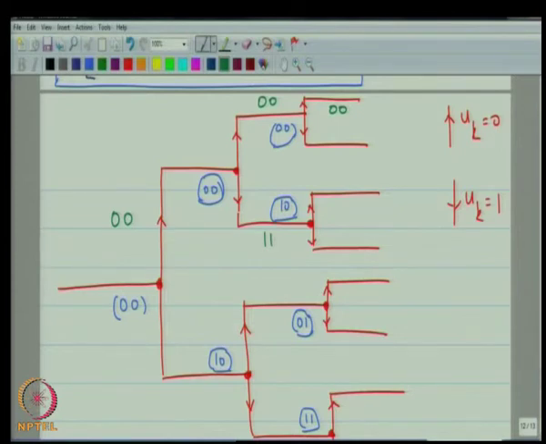So what this tells you is that convolutional codes are different from block codes in the sense that they can be represented as paths in a tree, and the reason why you introduce the tree is because after all it's a semi-infinite sequence. There is no notion of a block of message symbols and a block of code symbols.